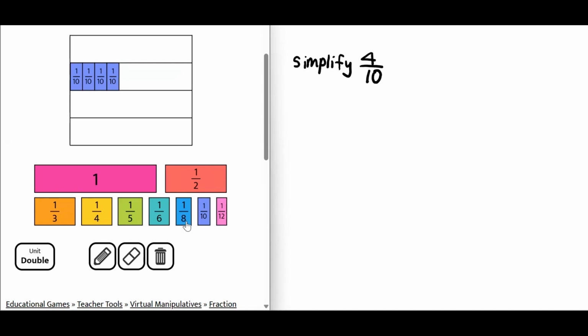So let me start with 1/8. Okay, so remember they have to be the same length. Okay, so I can't get it to be the same length if I use 1/8. So I know 1/8 cannot be used here. Okay, now let's try 1/6.